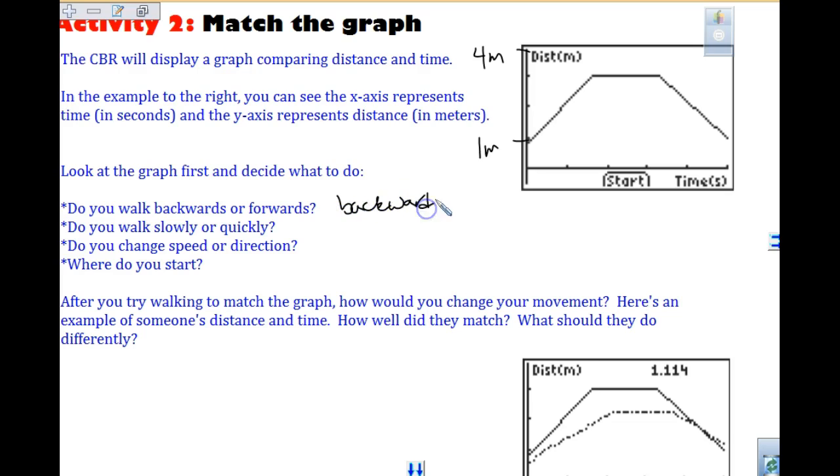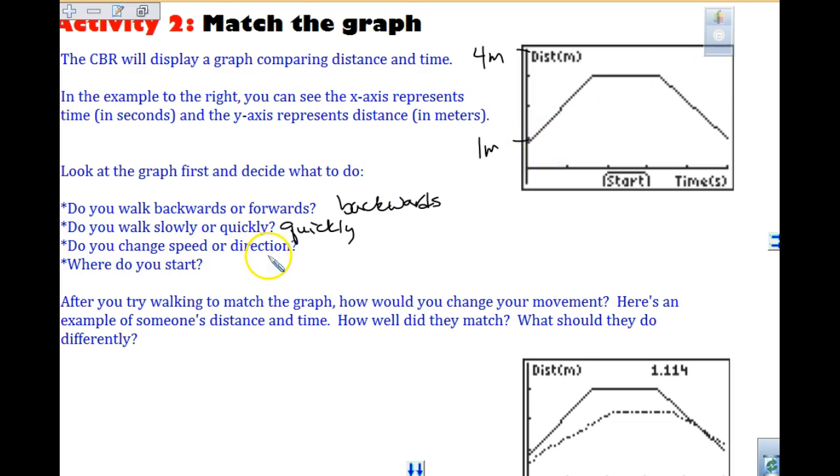You're walking away from it. You're starting way back here, and you're walking towards the front of the room. Is the person walking slowly or quickly? Quickly for this one. If we think of our people when they were walking slowly, it kind of went way out like this, okay?